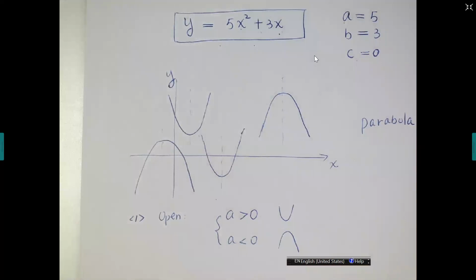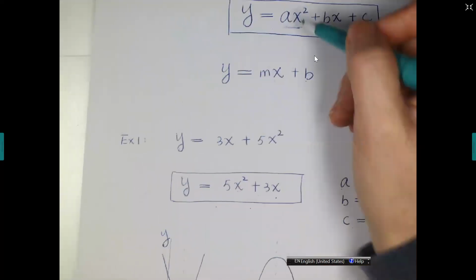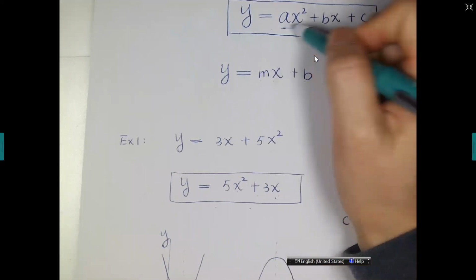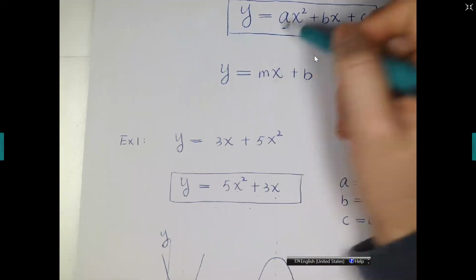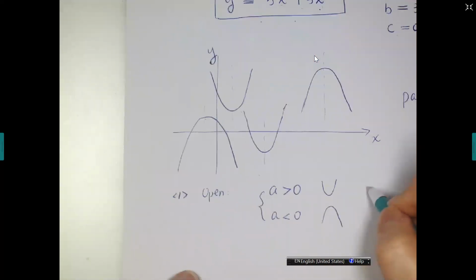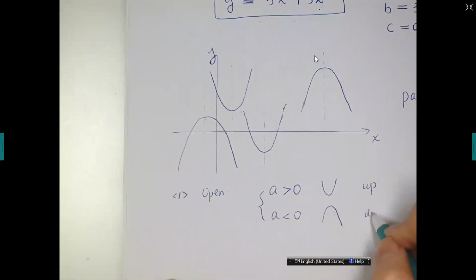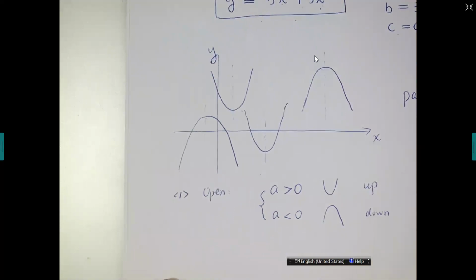Is the mouth opening upward or downward? It is only determined by the coefficient of the square term, the constant A. If A is positive, it opens up. If A is negative, it opens down. That will be a very typical question we will see in the next quiz or in the coming final exam. Okay, very simple. Just memorize this.